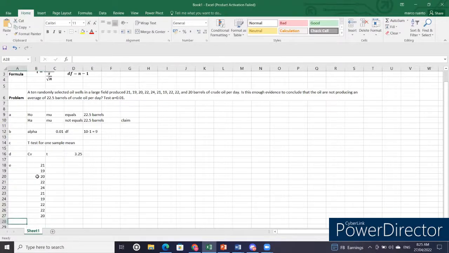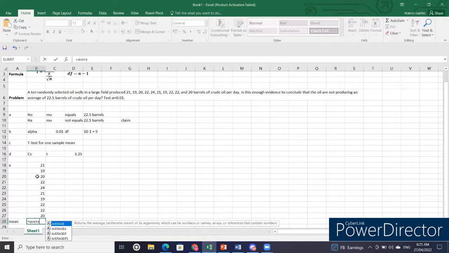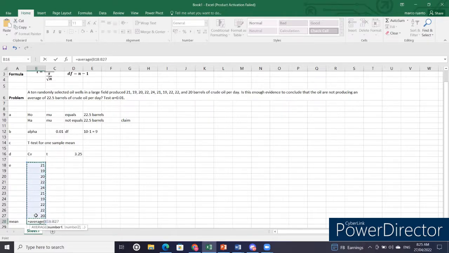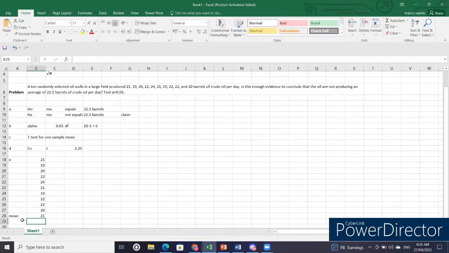So we will compute our mean, which is the average: equals average, and highlight the data. So that is our mean.